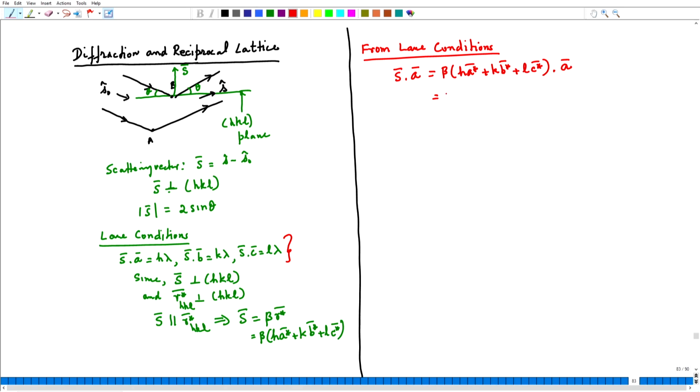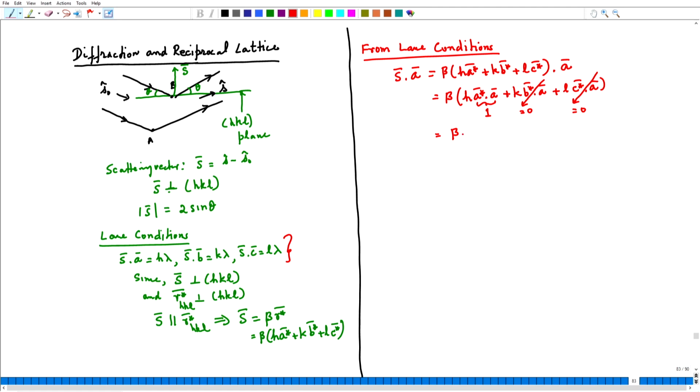So, this is beta times H A star dot A plus K B star dot A plus L C star dot A. Now, from the definition of the reciprocal lattice, B star dot A equals 0, C star dot A equals 0, and A star dot A is equal to 1.